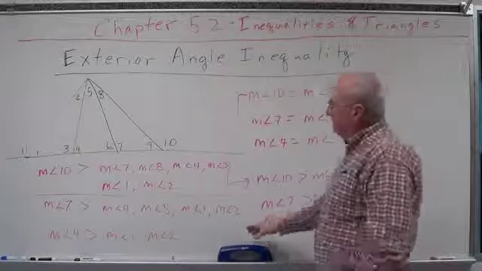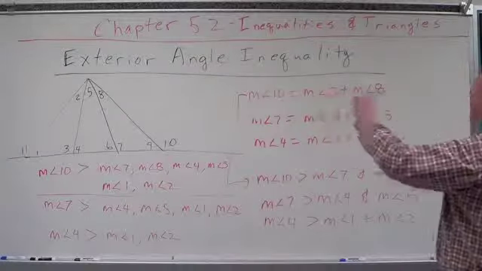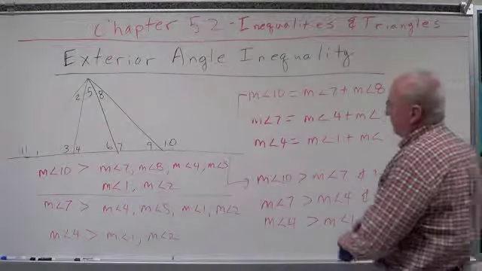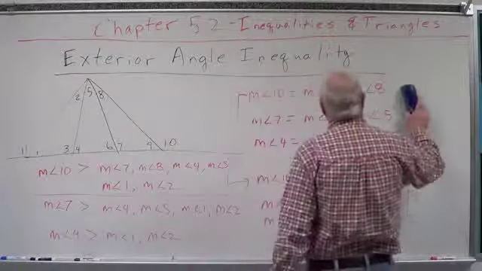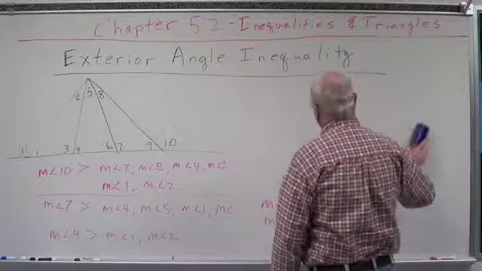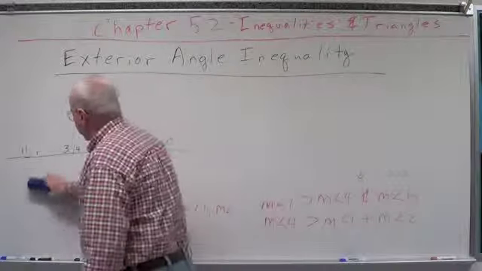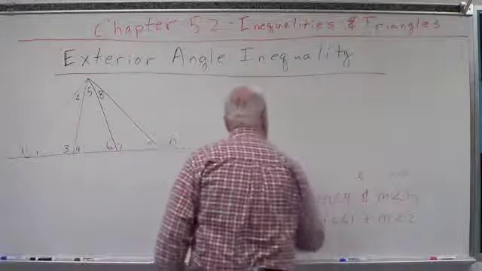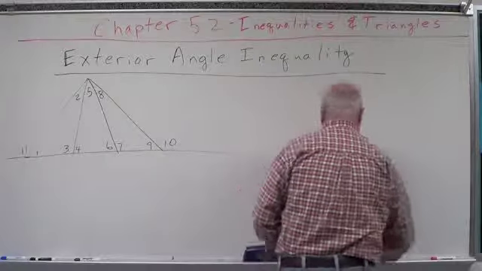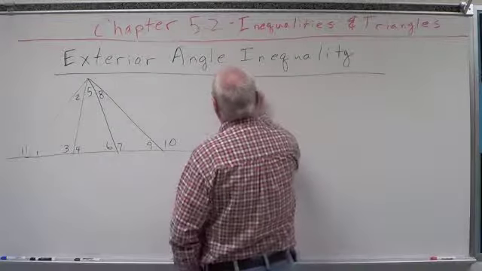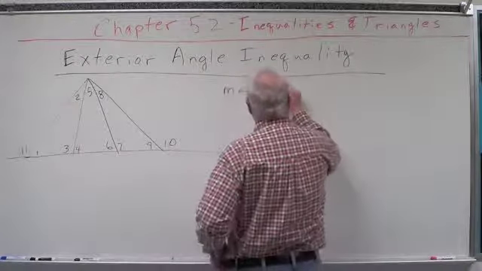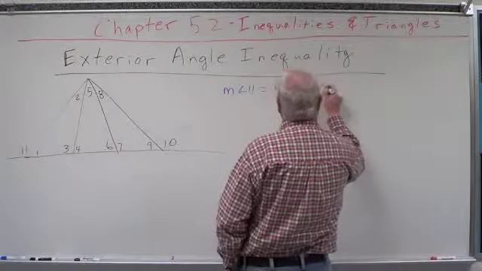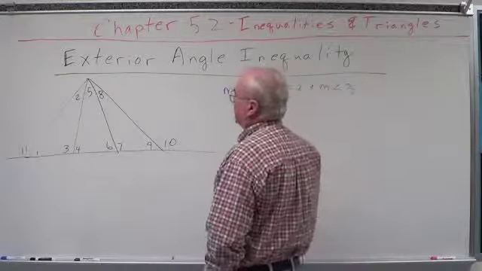Now we're going to come back and go the other direction. What we did was come this way using this exterior angle. Now let's come this way and see what we can come up with. So the measure of angle 11 equals what? The measure of angle 11 equals its two remote angles, the measure of angle 2 plus the measure of angle 3.